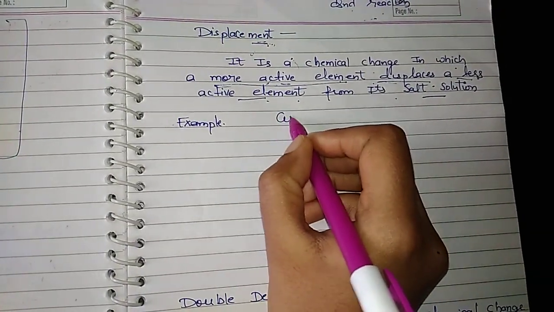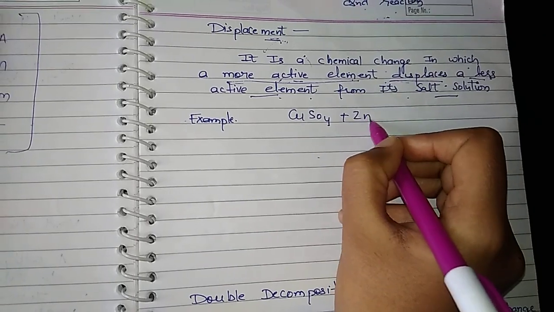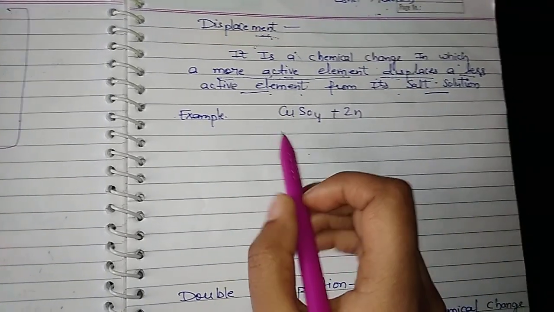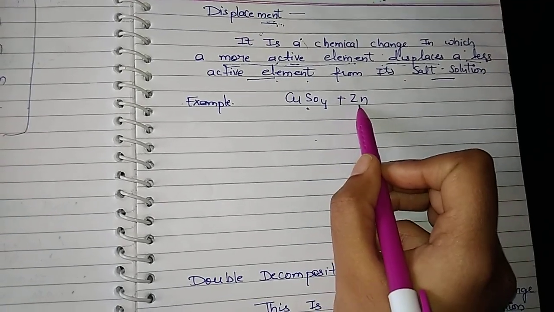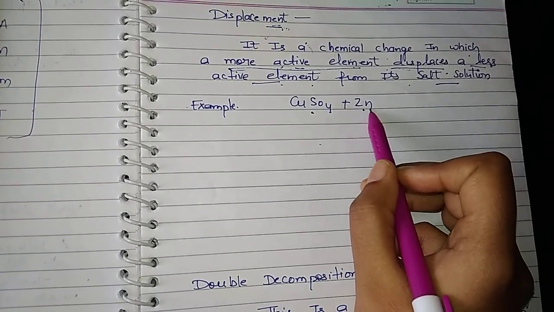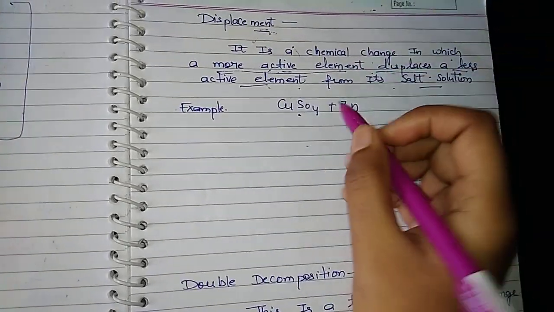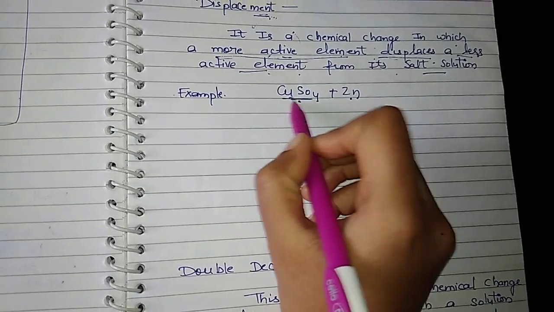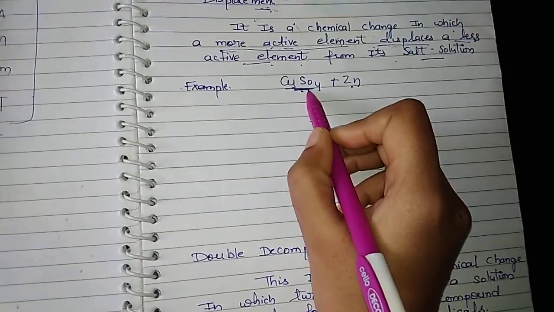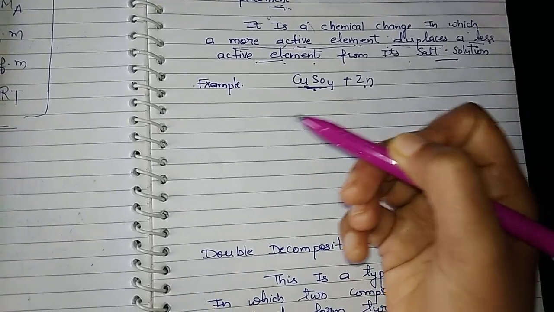For example, you may take copper sulfate plus zinc. If you take a solution of copper sulfate in a beaker and add a few pieces of zinc and stir it with a glass rod, you have to stir it and mix it properly. The blue color of the solution gradually fades, and soon the solution becomes colorless.